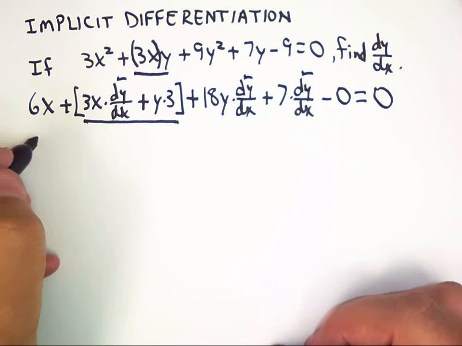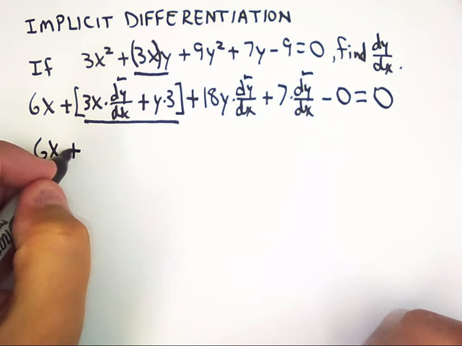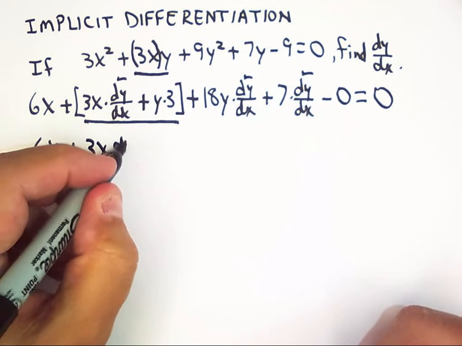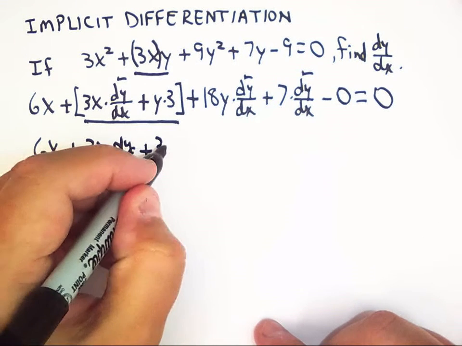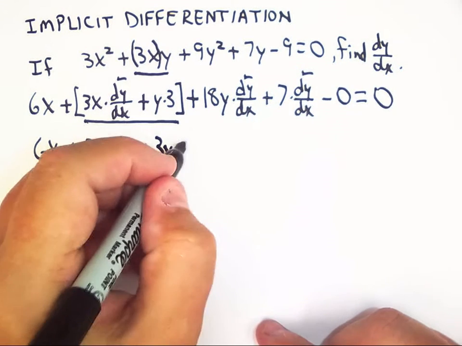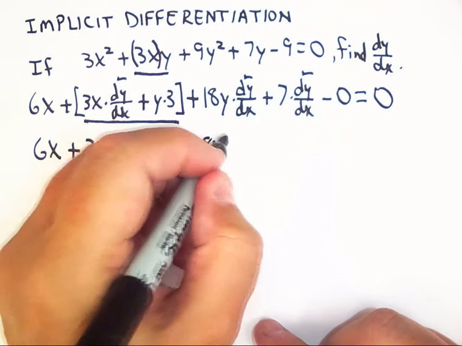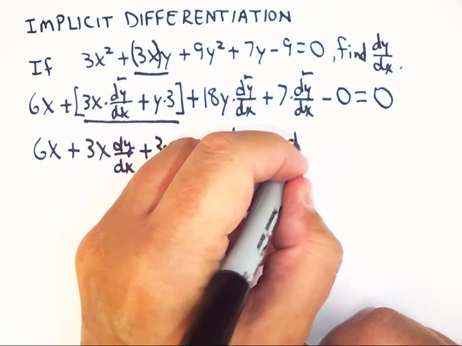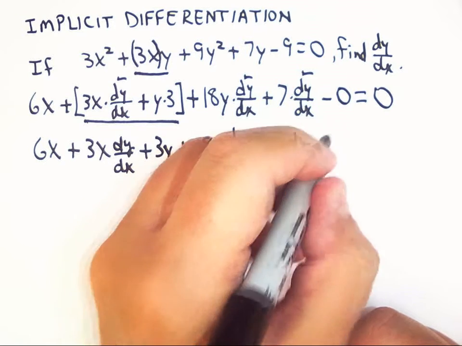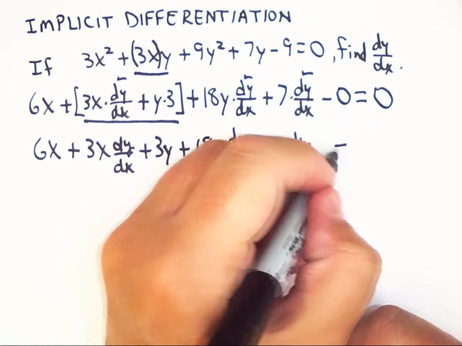So I'll write this as 6x plus 3x dy over dx plus y times 3 is more commonly written as 3y plus 18y times dy over dx plus 7 dy over dx. And then those are all 0, so you just have it equal to 0.